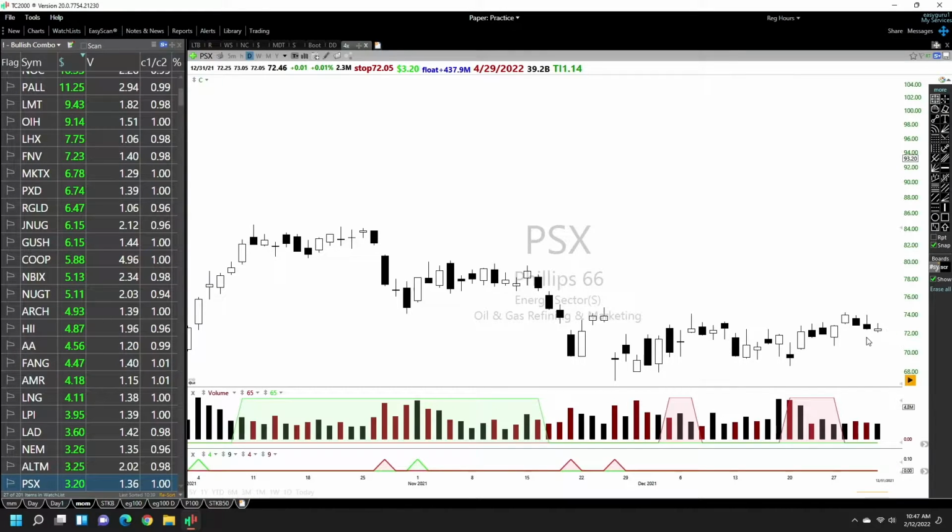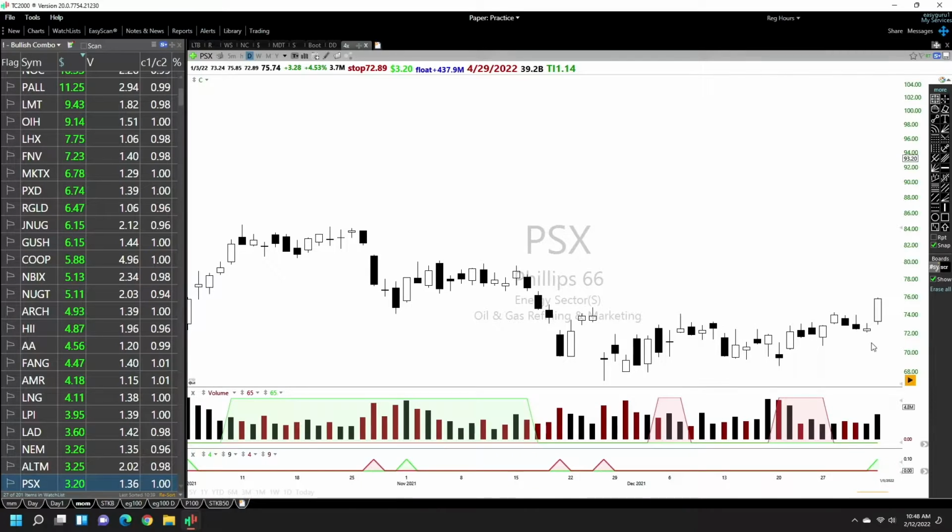If you can find setups like these where there is a very big contraction or a very tiny narrow range day before breakouts, and if you can create a watch list of those kinds of stocks and operate from that, then you can reduce your stops, because then you can have very close stops.